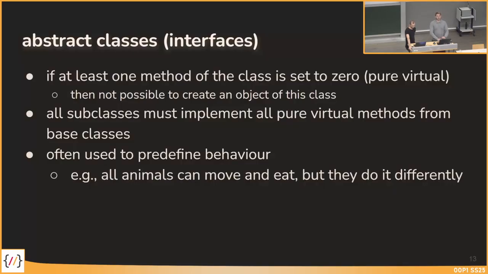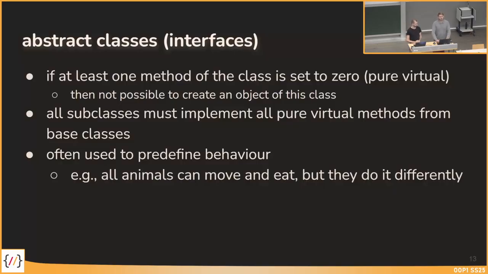And all these abstract classes, these interfaces, have to have at least one virtual method that is set to 0. And when this condition is true, then we cannot create an object of this class. So we cannot create, for instance, an object of type animal.